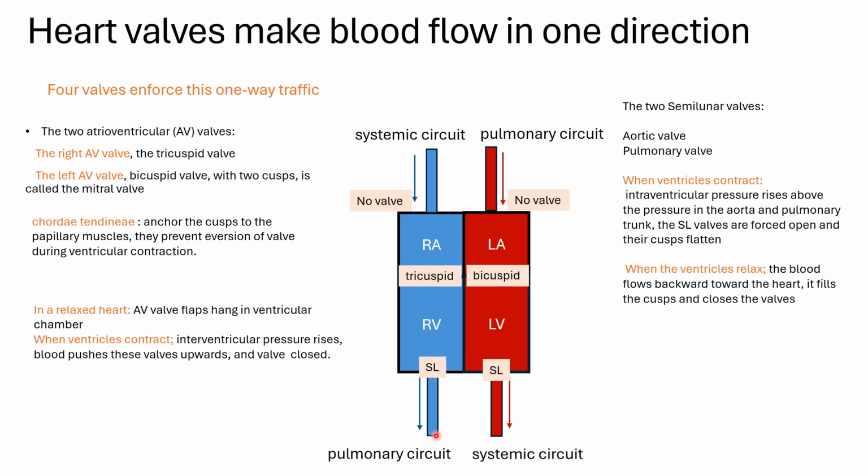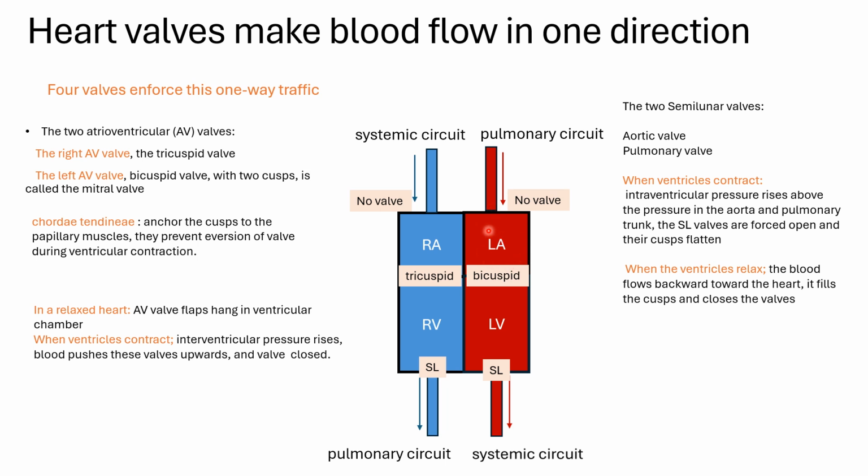And now coming to the left side, from the pulmonary circuit, the blood comes to the left atrium through the pulmonary veins. Remember, in the previous slide I said there are four pulmonary veins, and all four of them open into the left atrium, and there is no valve where the veins are entering the heart.